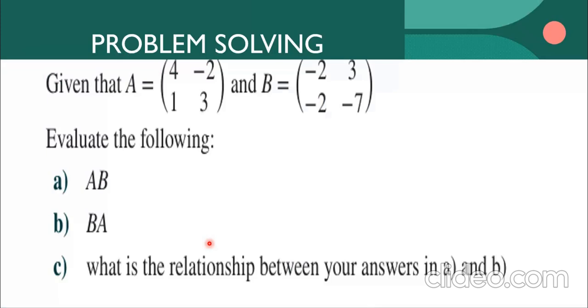So let's take some practical ones. Given that matrix A is this and matrix B is this, we are to evaluate the following: matrix A times B and B times A. Then we'll state the relationship between the answers of AB and BA.